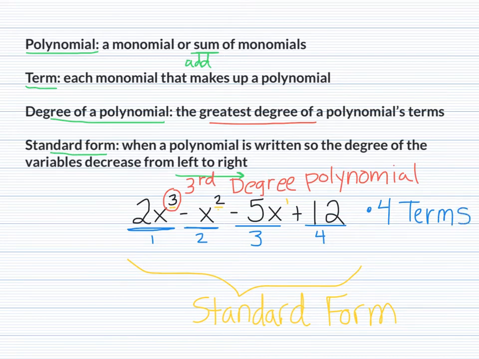When it's written like this, we can see the leading coefficient. So the leading coefficient is the coefficient that's in front of the biggest degree monomial. So that 2 is the leading coefficient.